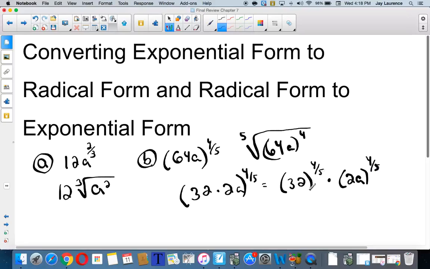So now I'm going to take the 5th root of 32, which I happen to know is 2, and I'm going to raise 2 to the 4th power. So this is going to be 16. Now this part over here, I can't take the 5th root of 2a, so I'm going to need the 5th root symbol, and there's going to be 2a to the 4th. Now I'm going to go ahead and simplify that a little bit more.